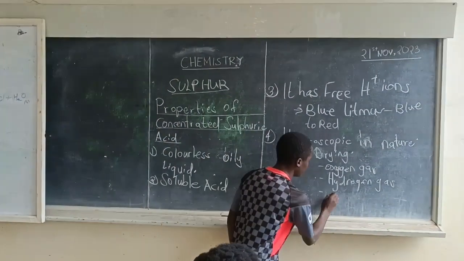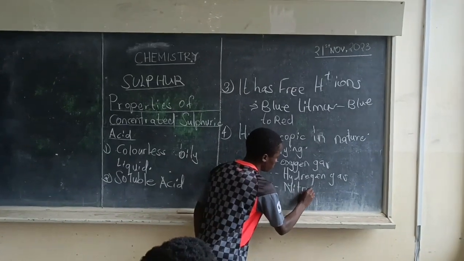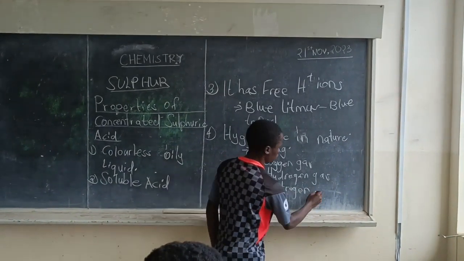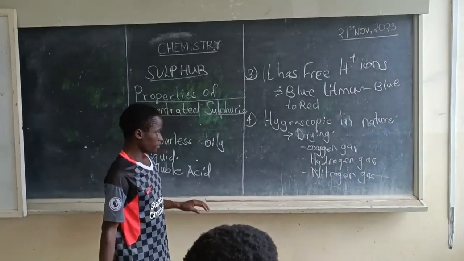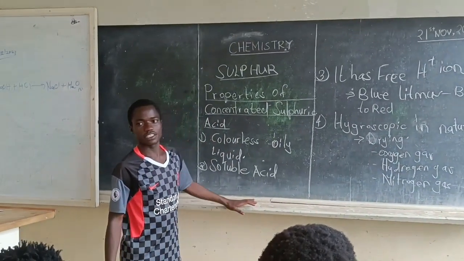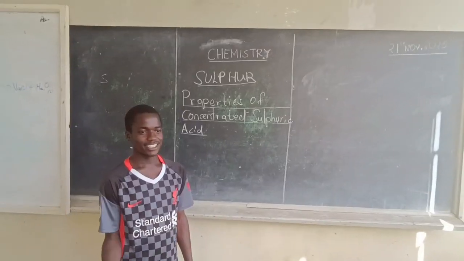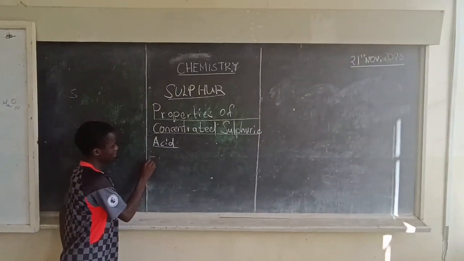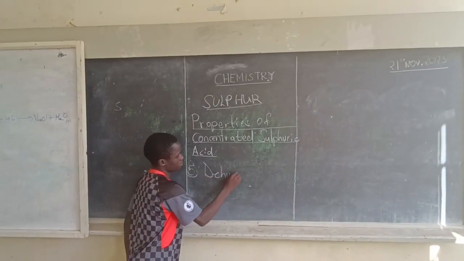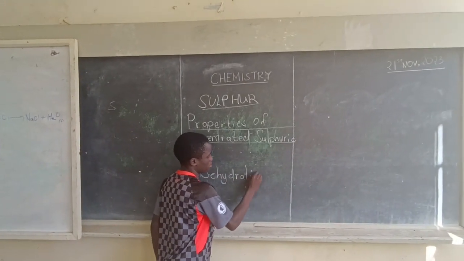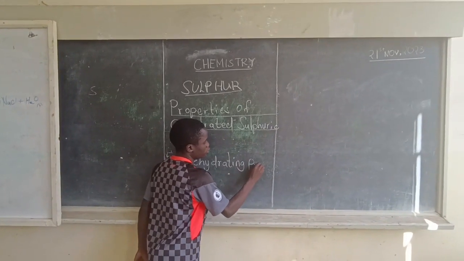Yeah, we also have nitrogen gas. So these are some of the gases that we can dry using concentrated sulfuric acid. Our next property, property number 5, is the dehydrating property.